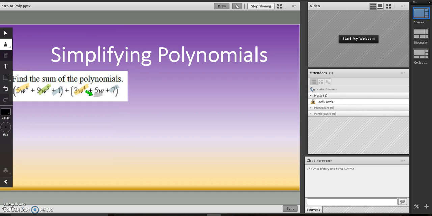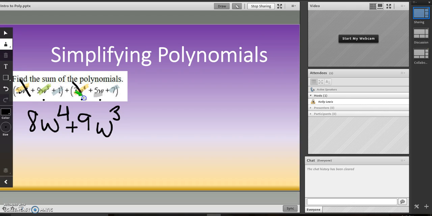Now let's look at what we got. We have 5 of the W4s and 3 of the W4s, so we really have 8 of the W4s. Then it needs to go down, so after 4 goes 3. So we have 9 of the W3s. After 3 goes 2, but I don't see a W squared, so we're going to skip it. It's okay that we skip it. 4, 3, 2, there's no 2, and then we need a 1, so that's that guy.